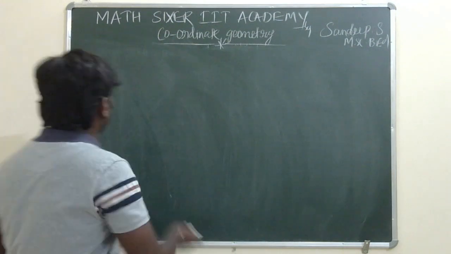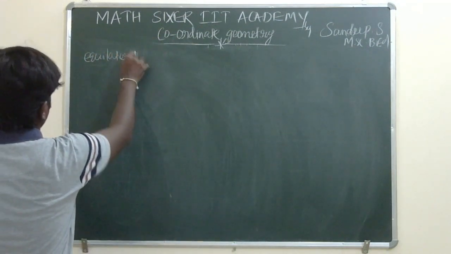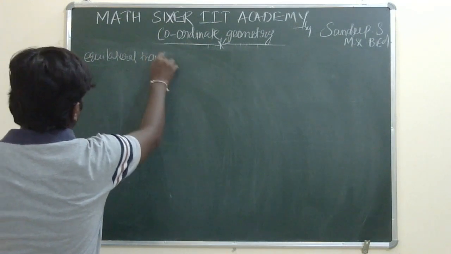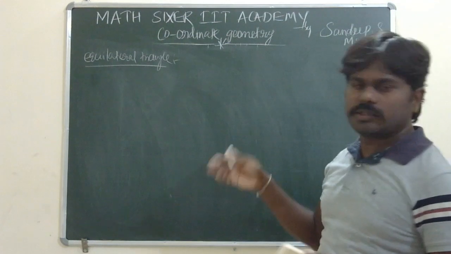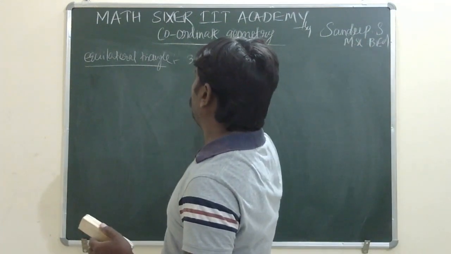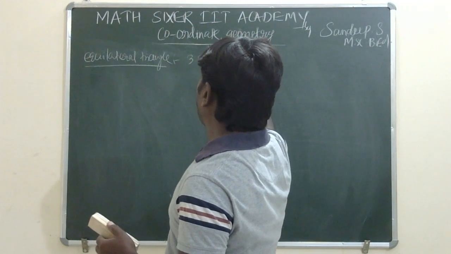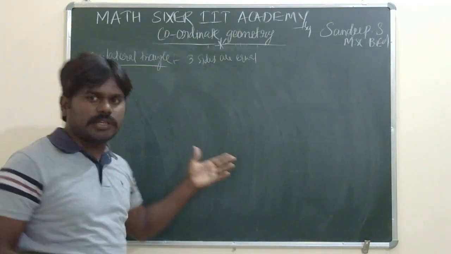To prove it, we have to find the sides of the triangle. If the 3 sides are equal, then we can conclude that it is an equilateral triangle. And an isosceles triangle means 2 sides are equal.